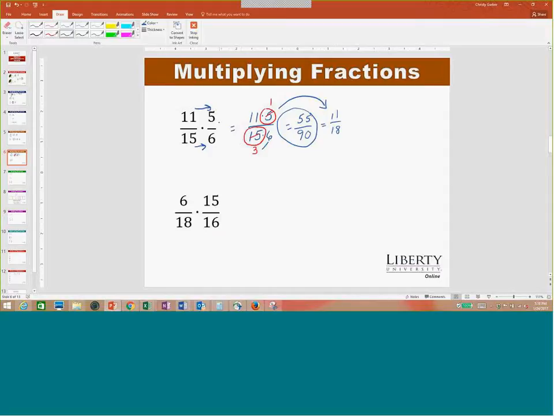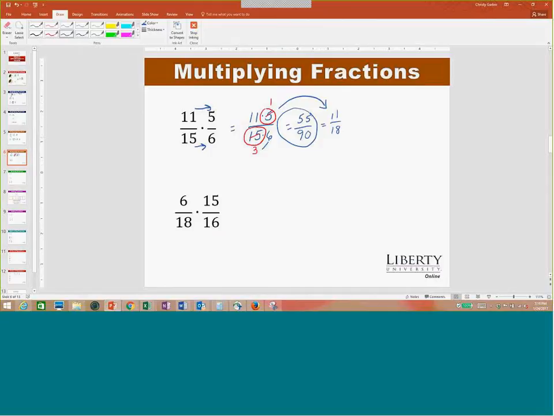If at this point, when you multiply the numerator, 11 times 5, and then multiply the denominator, 15 times 6, you want to pull out common factors at this step, then you won't be worried about large numbers looking for larger factors they share in common.